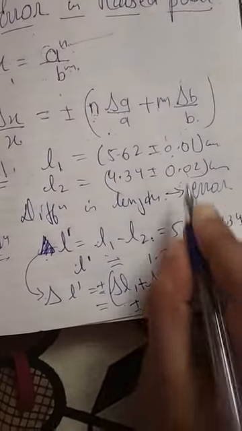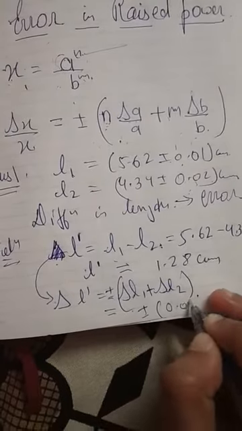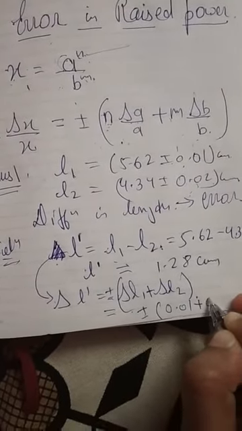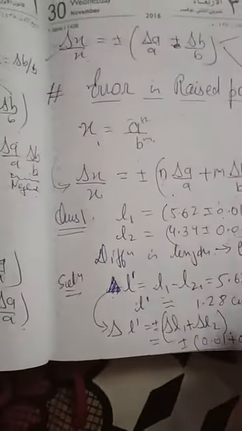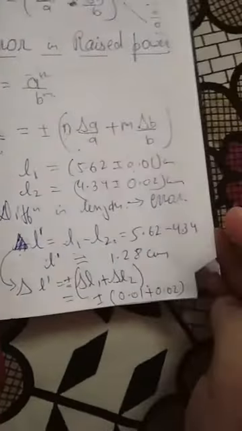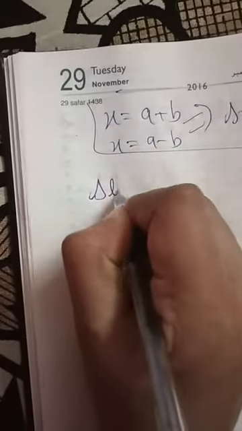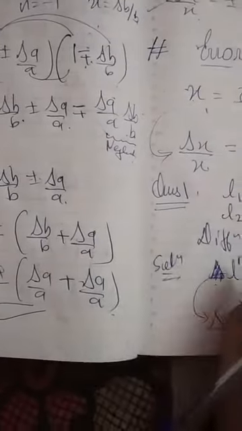Plus minus, what is delta L dash? It is equal to 0.01 plus 0.02. Fine, and this will give me 0.03, right? I don't have space here, so I am writing it back: plus minus 0.03. Okay, now if the question asks for the error limit, you get the error limit.